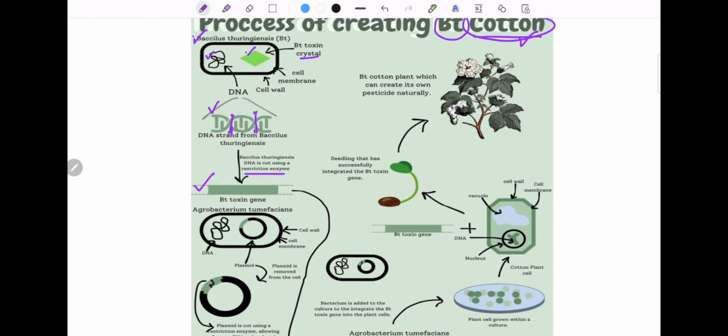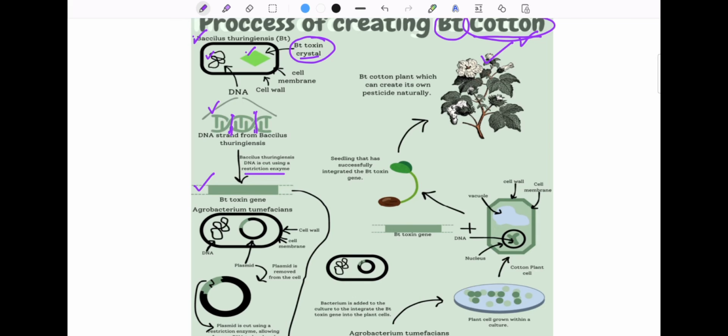Now we are going to transfer this Bt toxin gene into this plant, that is the cotton plant. We cannot transfer that bacterial gene into the plant cell directly. For that transfer, we need a transfer element. We need a vehicle from one place to another place.